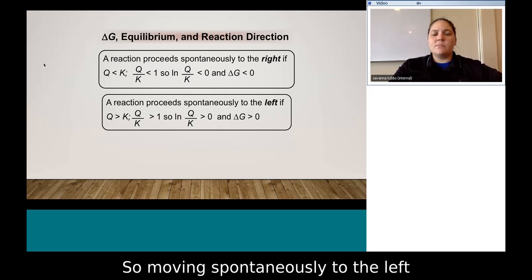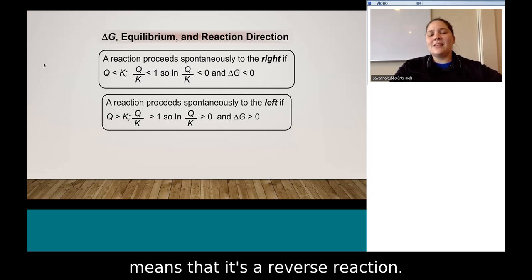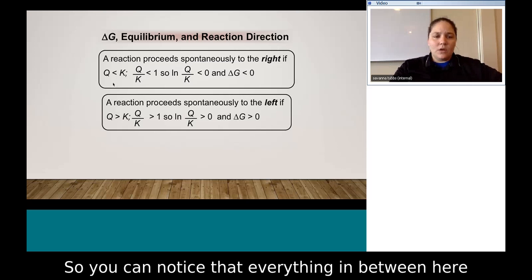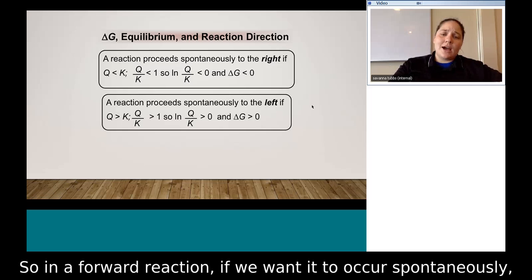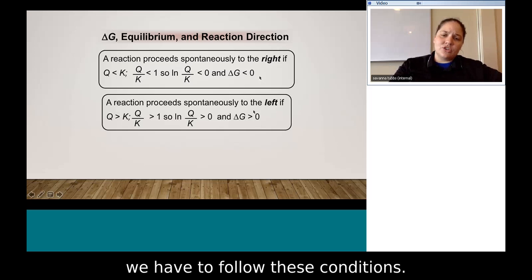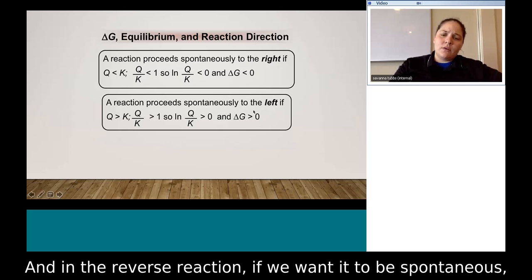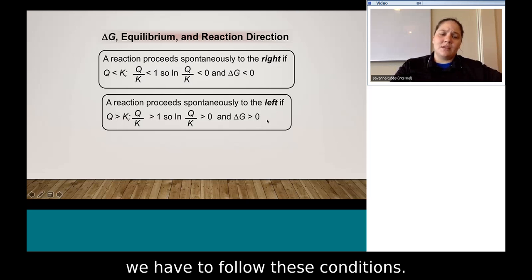Moving spontaneously to the left means that it's a reverse reaction. You can notice that they're the exact opposite. In a forward reaction, if we want it to occur spontaneously, we have to follow these conditions. And in a reverse reaction, if we want it to be spontaneous, we have to follow these conditions.